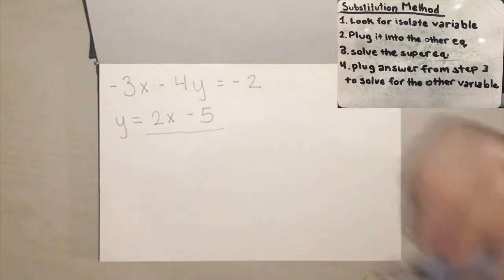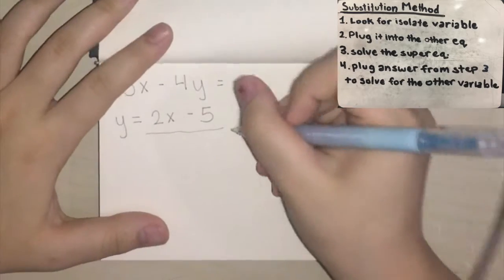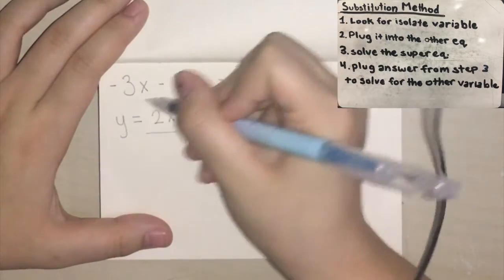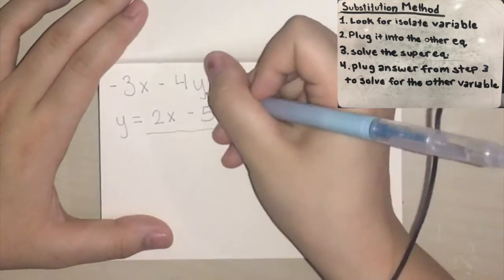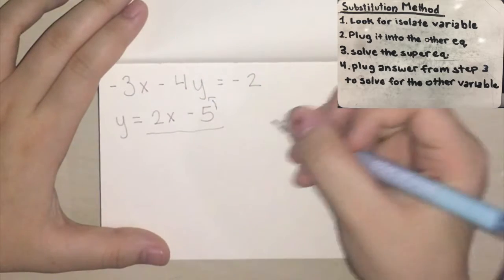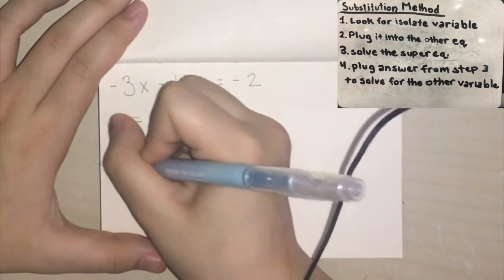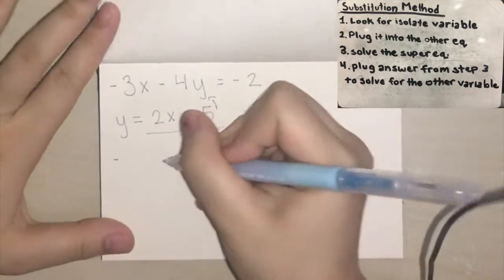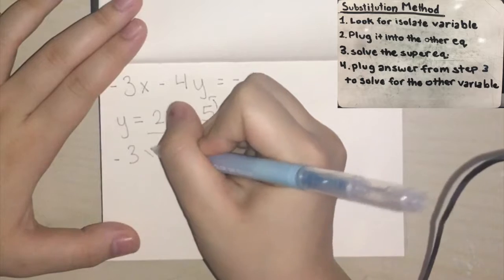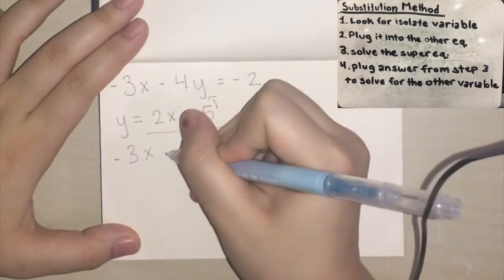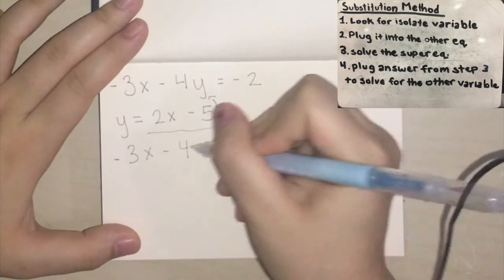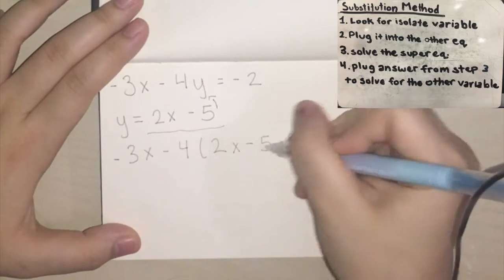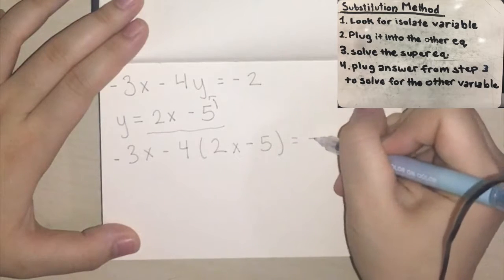To use that, we have to plug it into this equation to figure out what our x is. So our equation is now going to be negative 3x subtract 4 parentheses 2x subtract 5 parentheses equals negative 2.